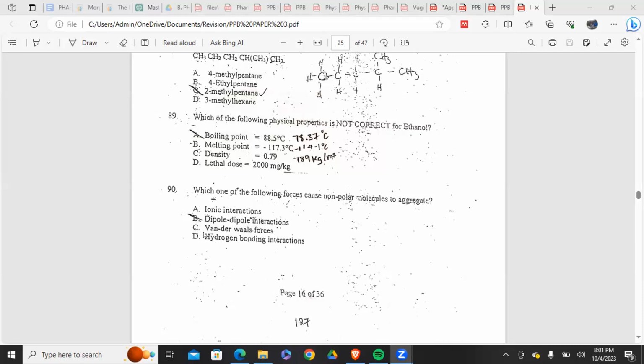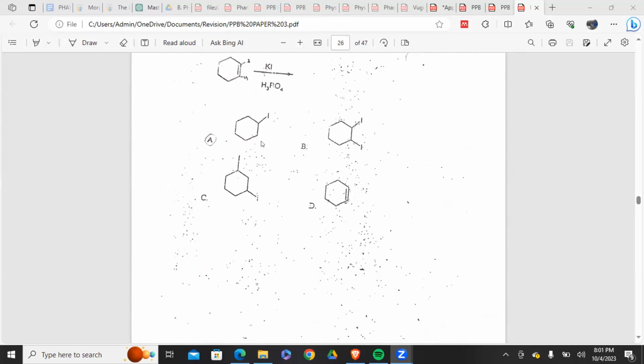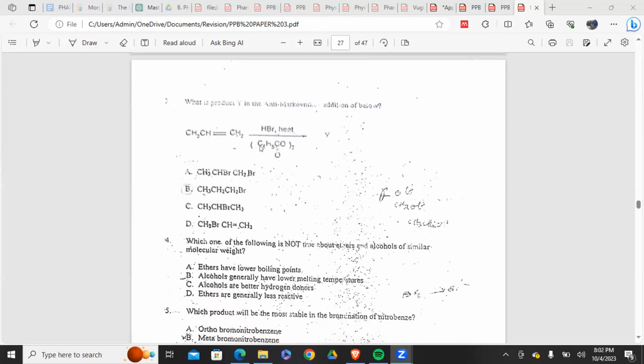Hiyo tunaenda na Dr. Manjari. Twende na hiyo van der Waals forces. Na Manjari hata wewe uingie ChatGPT ndio ama uko sure niache kukushuku hapa. Acha nisikushuku daktari.